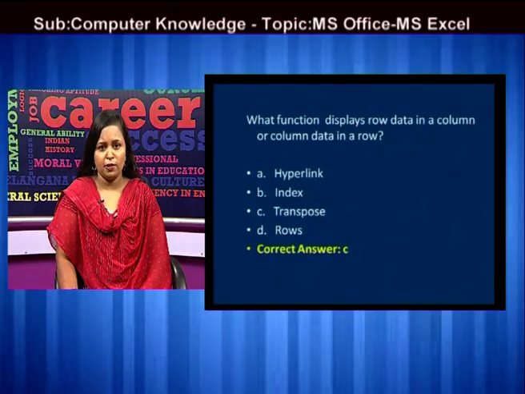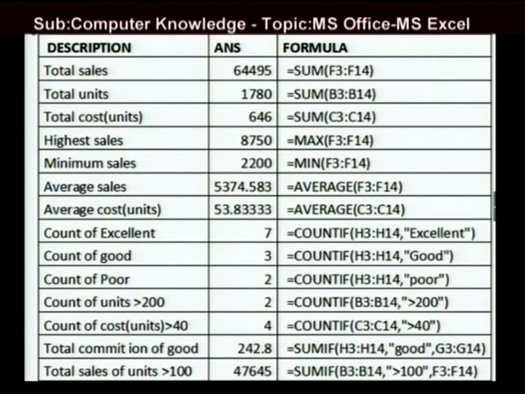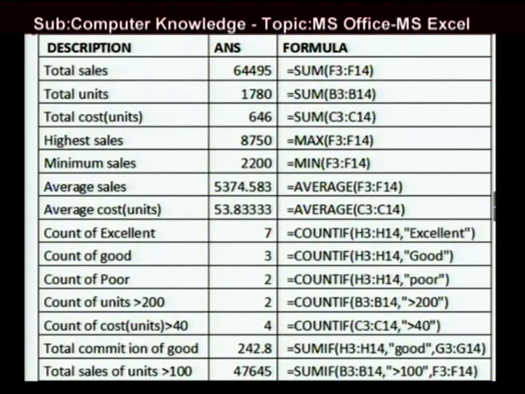I will explain VLOOKUP, HLOOKUP and sum functions again to you. These are very important. For the sum function, the equals sign is compulsory. Sum of F3 to F14, these are the sum.